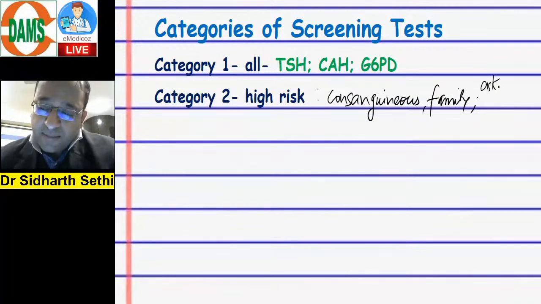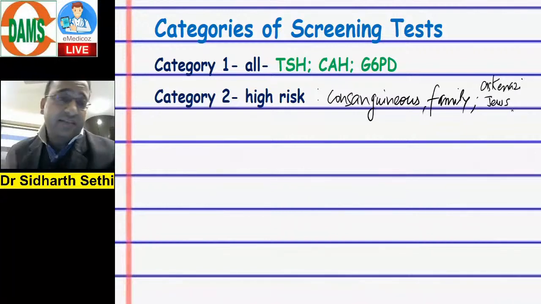For example, in America or Europe, cystic fibrosis could be a high risk disease. So screening for cystic fibrosis, especially in Europe and America, would be important, because 1 in every 25 Britishers and Ashkenazi Jews are carriers for cystic fibrosis. So you do these tests in the high risk population.